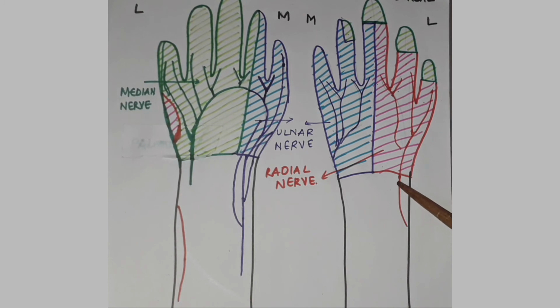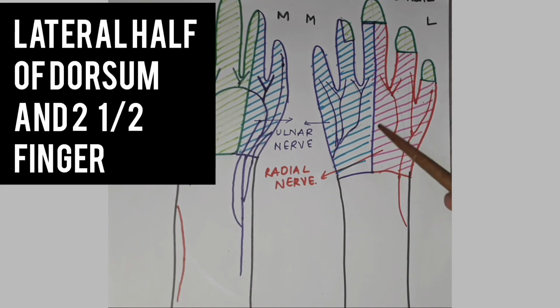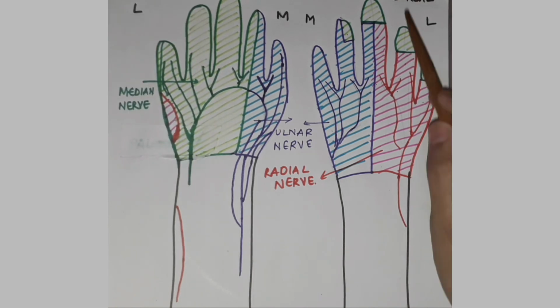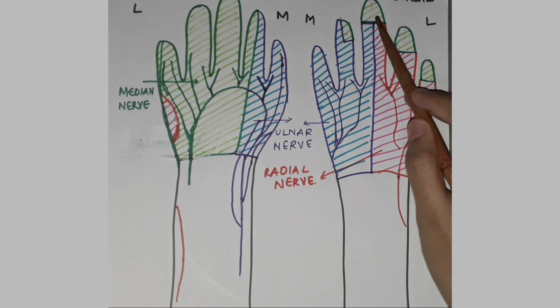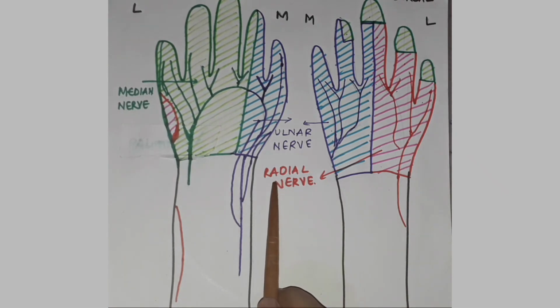This branch passes posteriorly about 7 cm above the wrist and divides into 4 or 5 branches, which supply the lateral half of the dorsum of the hand and the dorsal surface of the lateral 2.5 digits, including the thumb, except for the terminal portions which are supplied by the median nerve. So this entire area represented by the red color is supplied by the radial nerve.